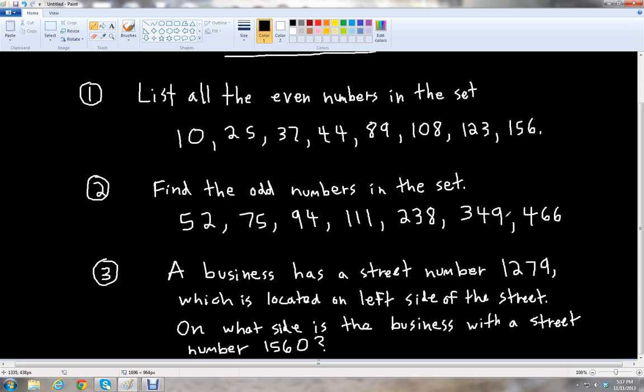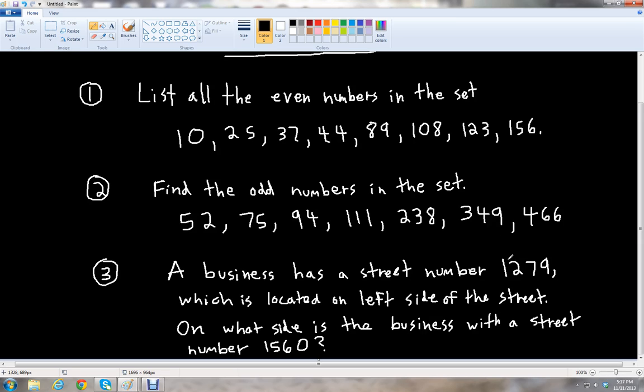And then problem number 3 says the business with a street number 1279 is located on the left side of the street. On what side is the business with a street number of 1560?